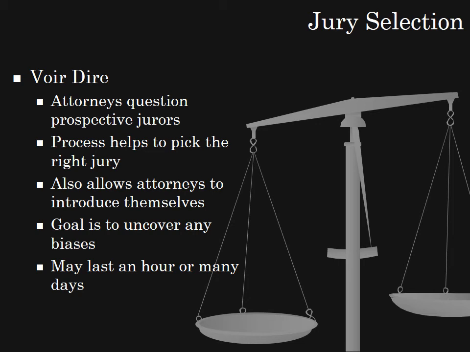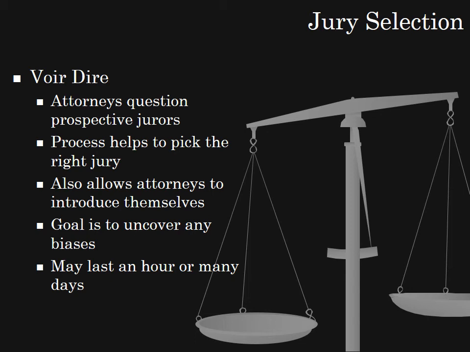Our ultimate goal is to uncover any biases that a particular juror might have. We're going to be doing things like checking out that person online, their digital shadow, to find out if we can glean any information.